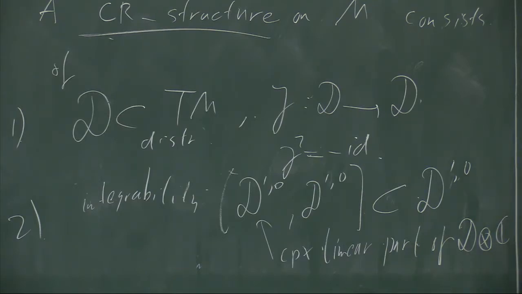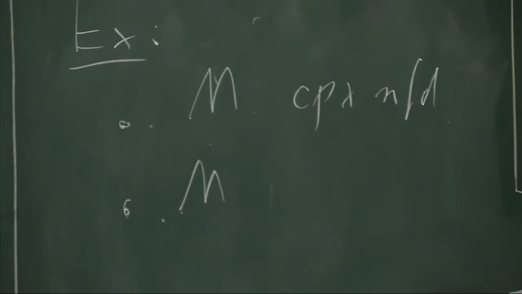I'll give two examples. The first example is a stupid example, but it should be pointed out. M is a complex manifold. Then you just take D to be everything, and there's nothing more to say. But this is not the case we will consider. We will usually take a hypersurface inside a complex manifold.